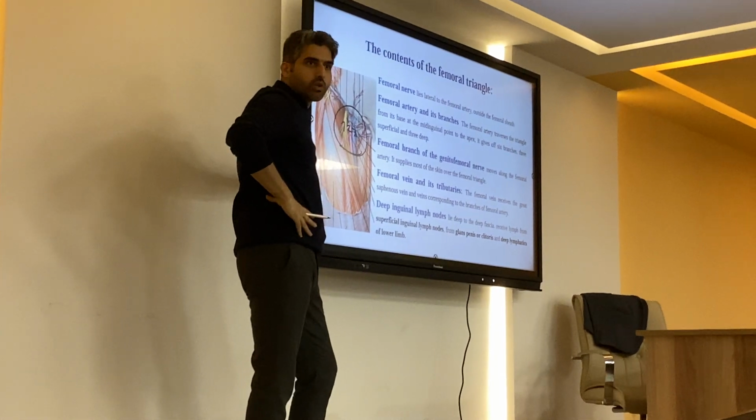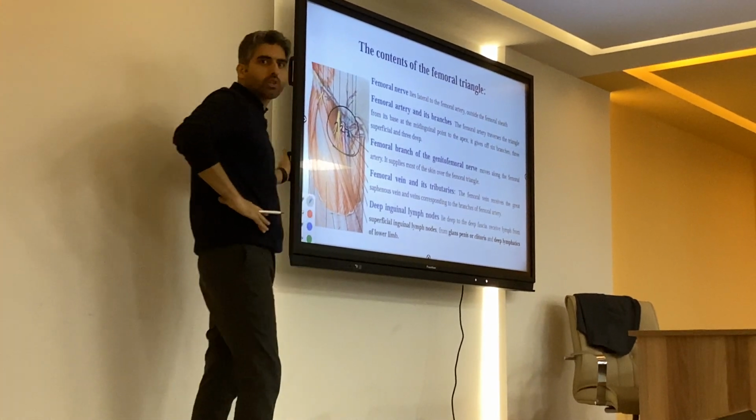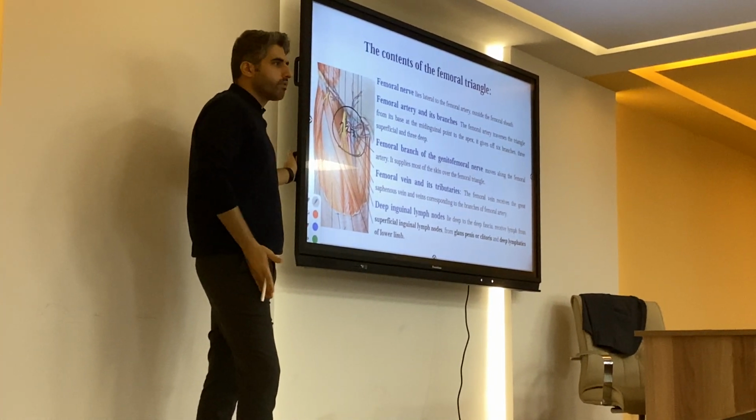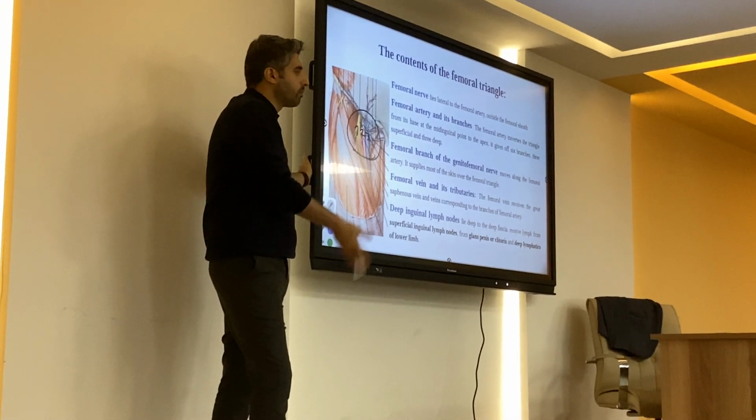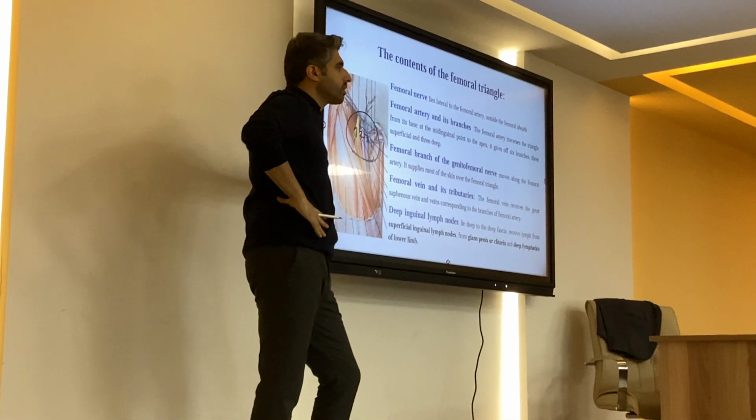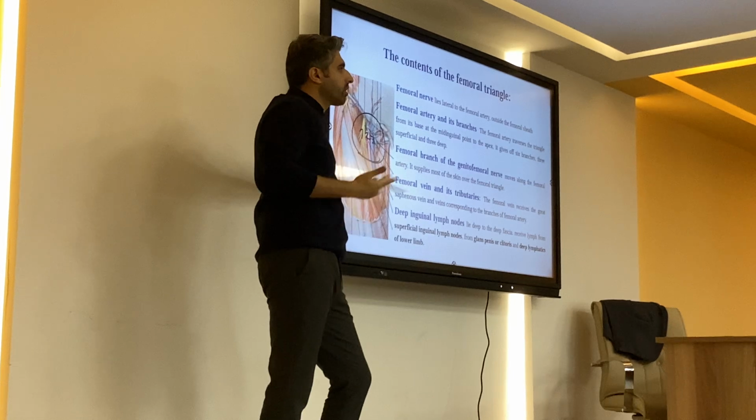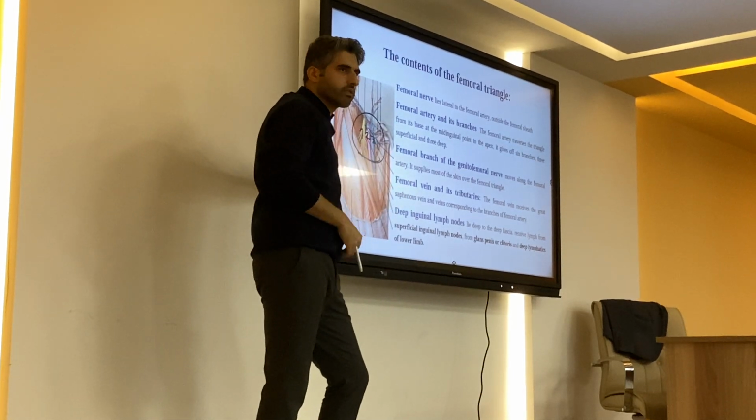So these three structures are located in the femoral triangle. We had one question: what is the lateral structure in the femoral triangle? The femoral nerve.